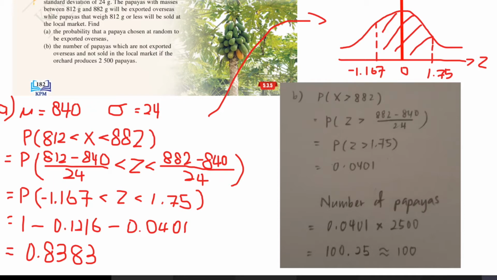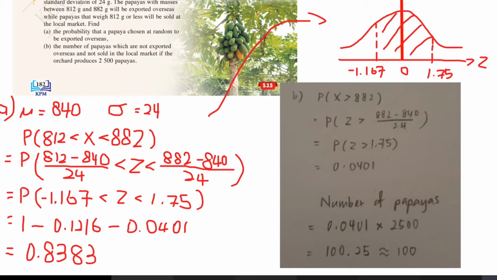So I find the probability between 812 and 882. So I use 812 minus the mean and divide by standard deviation, and 882 minus mean and divide by standard deviation.